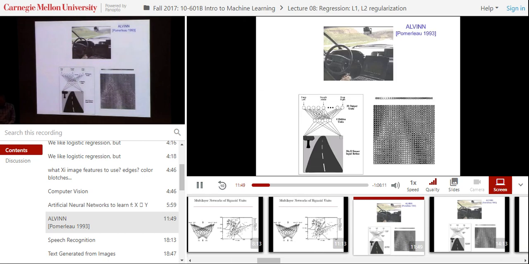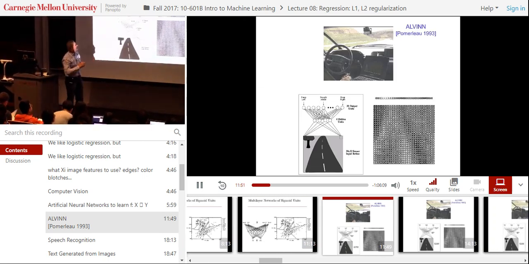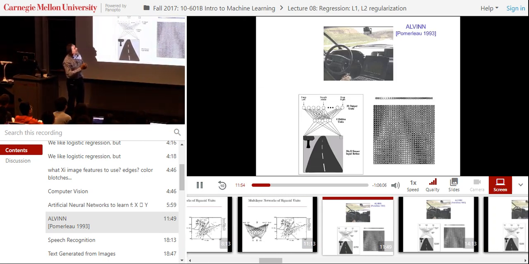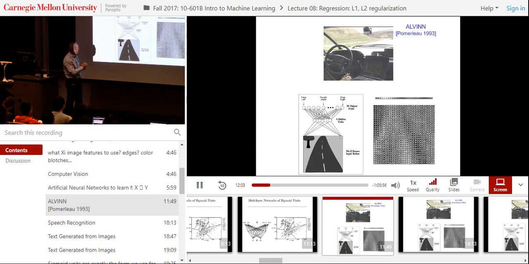Okay, so here's another example. It's one of my favorites because it's an early CMU example. This is due to Dean Pomerleau, and actually was his PhD thesis in 1993, where he was an early researcher in autonomous driving vehicles, and he simply trained a neural network to take as input an image that the camera in the windshield is taking as the car is driving.